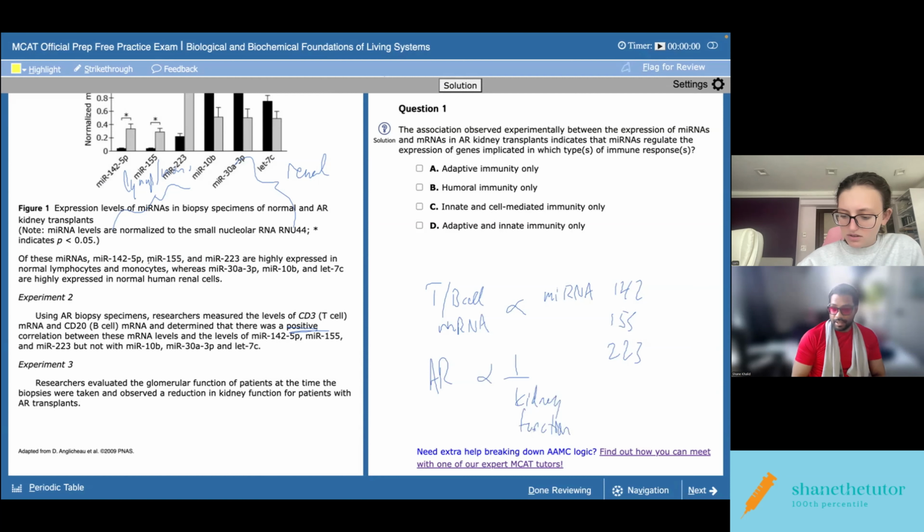Oh, lymphocytes and monocytes? Yeah. So I think that's what they're trying to do here, confuse you about whether it's lymphocytes and monocytes or T cells or B cells. But they said that the lymphocytes and monocytes are only for three of the microRNAs.